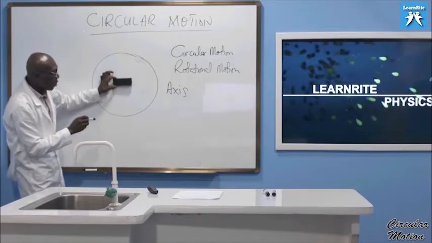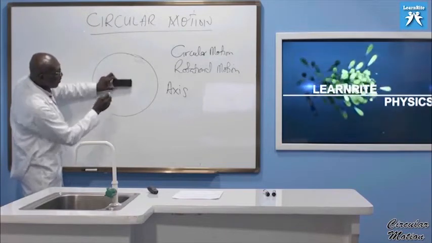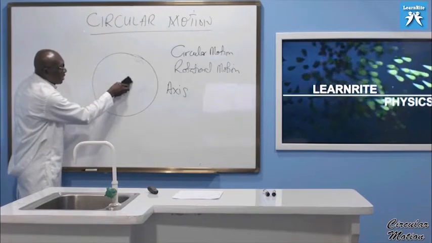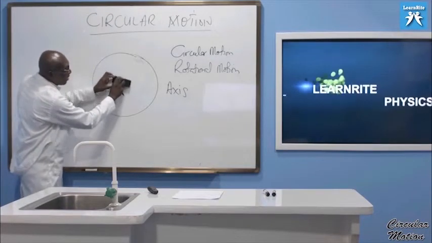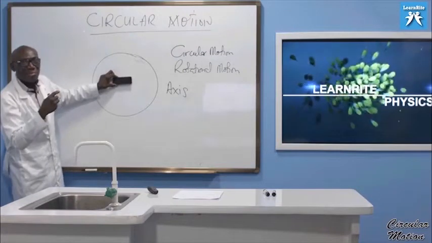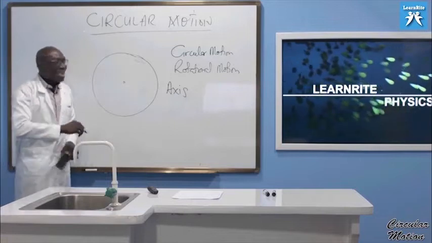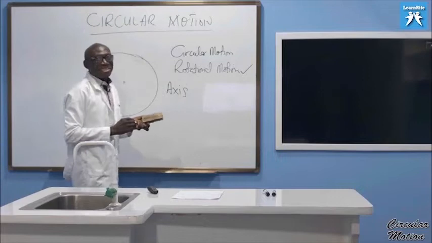I will take the body away, and this is the center. The center is found right inside this body. So we have the body moving to describe a circle, and the center of the circle, or the axis, is found within the body. Such a motion is what we call rotational motion.